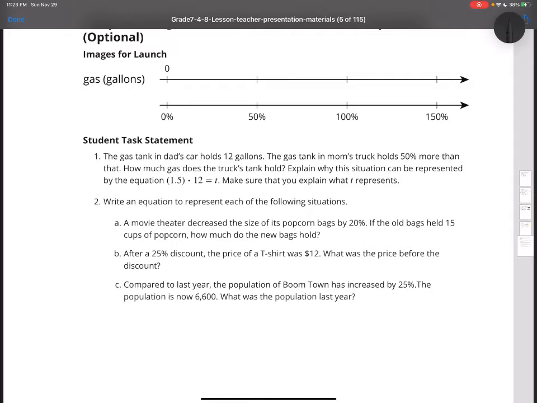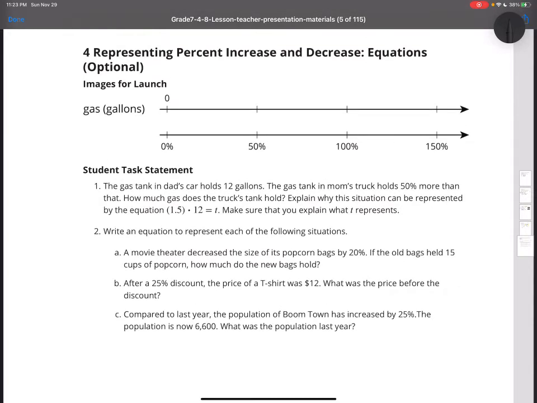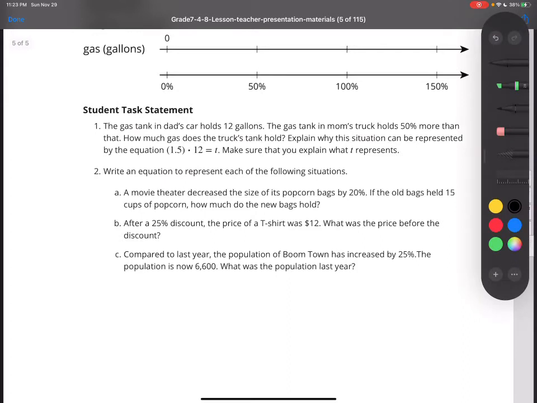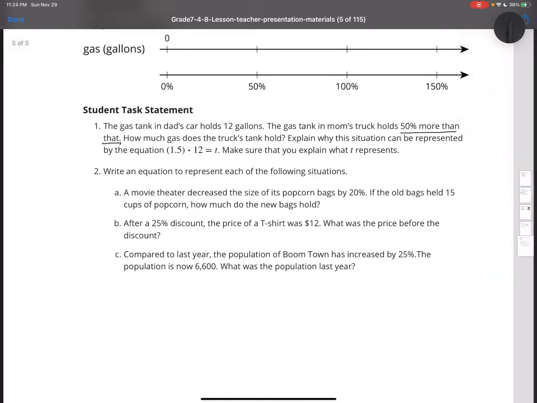This is referring back to the double number line lesson, hence why there's this image above the question. If you need the double number line graph, you could write this down on your paper. If not, you don't have to. It's saying that the truck is holding 50% more than that.